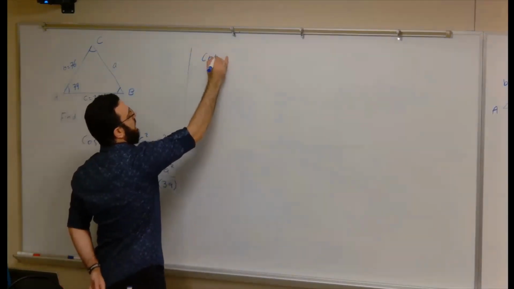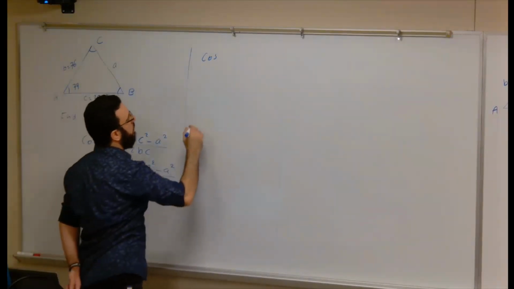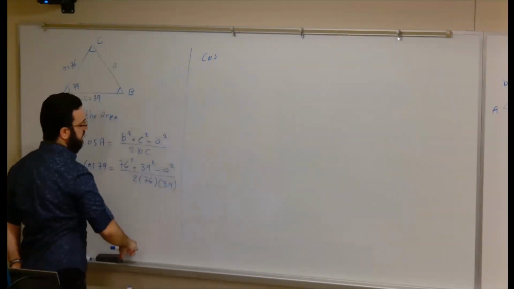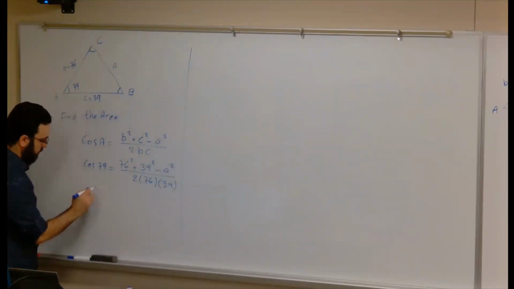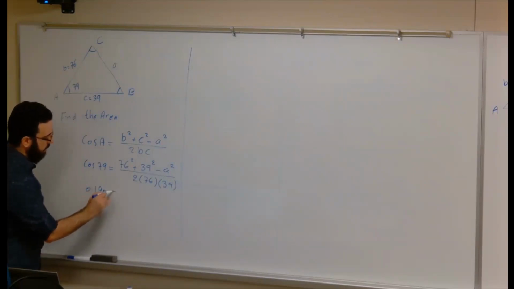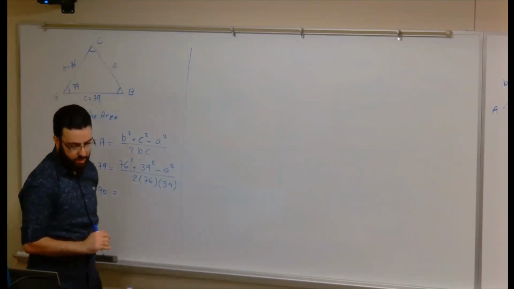So cosine 79. How much is cosine 79? 0.19. It's like 190, but then the next number is 8, so okay, 190. Equal 76 squared plus 39 squared.